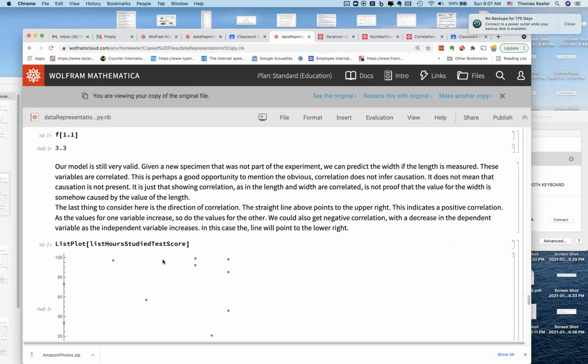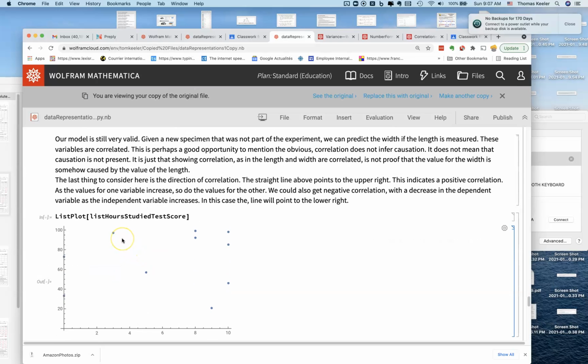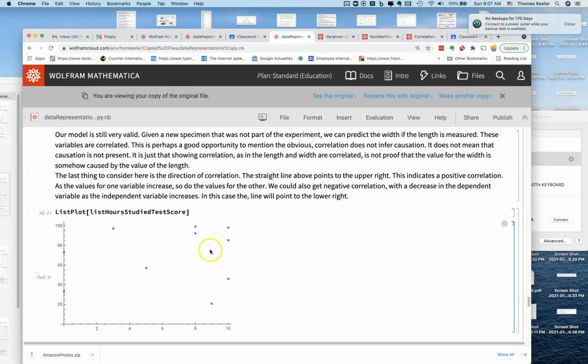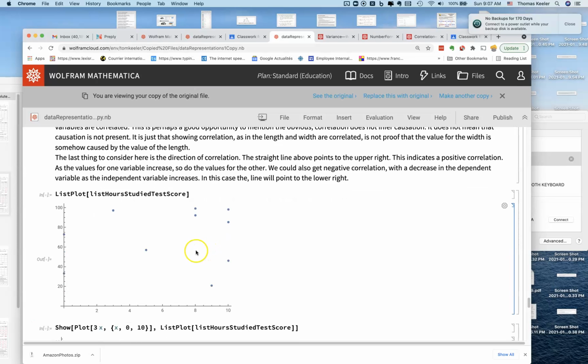All right. So now if we look at what we said, we just did this random thing. We said, okay, make something between 1 and 10 and something between 0 and 100. And you can see that if we just put random numbers in, there is no line that fits here. So there isn't a correlation based on that data between the hours that you studied and your test score.